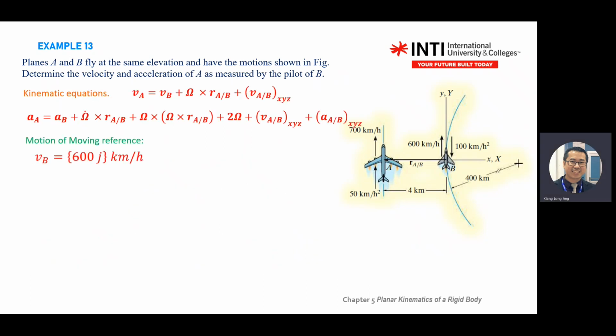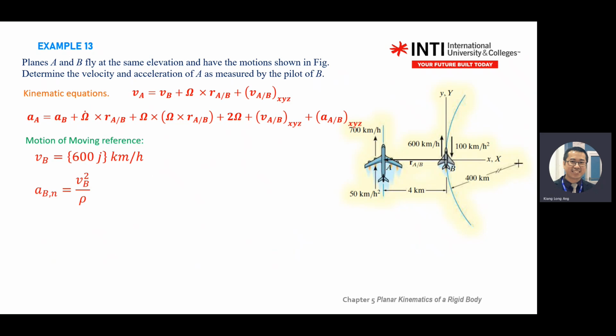Once you do, you write them in vector form. VB is in j. You can see here, this is a circular plane, B in circular motion going up Y, positive j. And here you use the normal acceleration, V squared over rho.